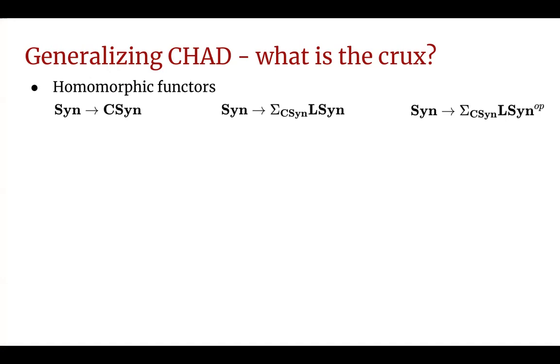In many ways, what I've been talking about is much more general than automatic differentiation. It's about having certain structure preserving functors on the syntax of a programming language, either from the language to itself, to another Cartesian language, in the case of dual numbers AD, or into one of these sigma types of a language that has both Cartesian types and linear types. To construct such a homomorphic functor, all we need to do is associate some data with each primitive type, so floats and integers, and say how we're interpreting that.